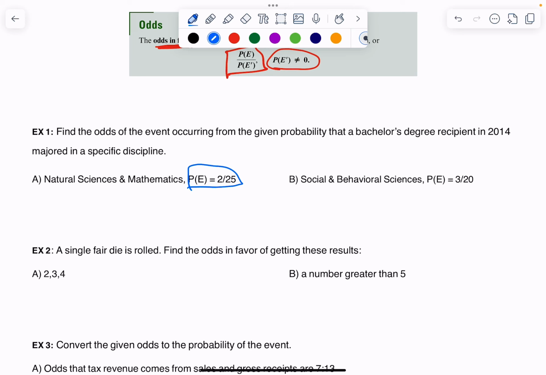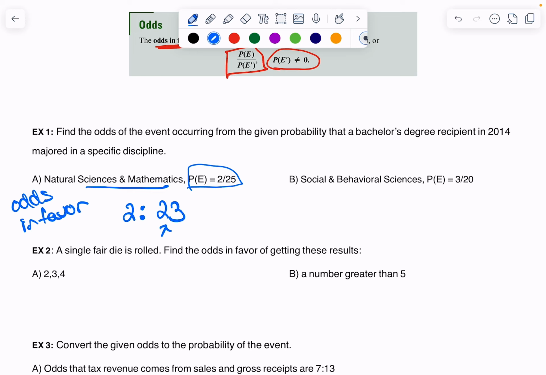So remember, it's odds in favor. Natural sciences and mathematics. So 2, what's left, which is 25 minus 2, which is 23.